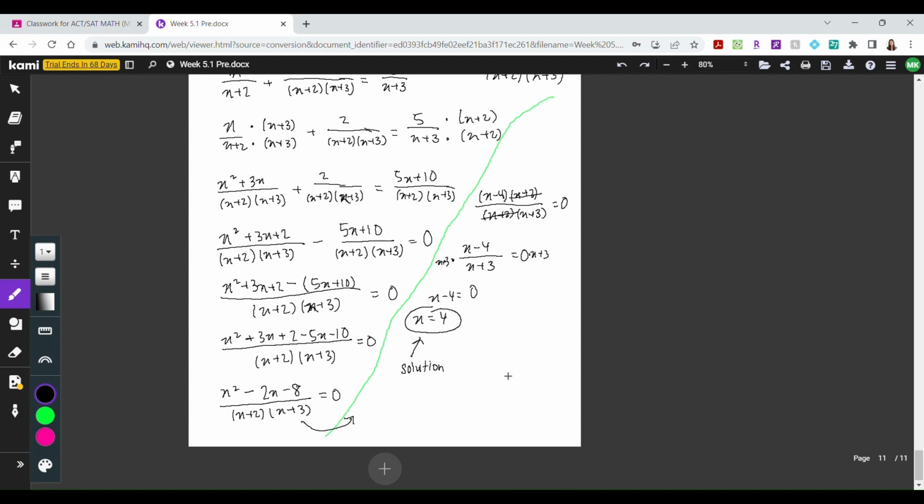In order to find the extraneous solution, you take the bottom of the fraction, because if anything makes this 0, then your equation would be undefined. So we do x plus 3 equals 0. Isolate x to give us x equals negative 3, which tells us that x cannot be negative 3, for this is the extraneous solution.